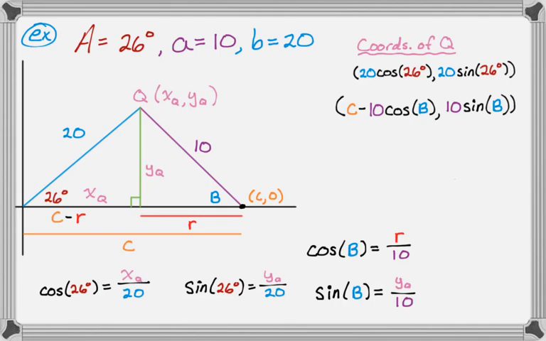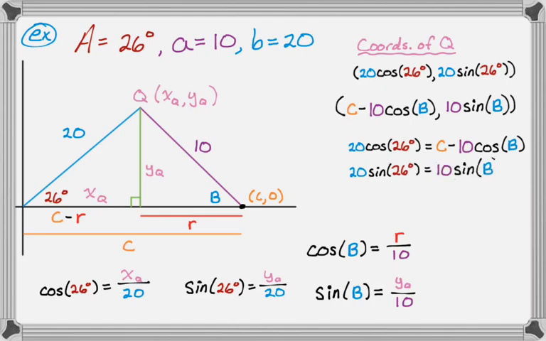And if we just set the x coordinate equal to the x coordinate, so 20 cosine 26 equals C minus 10 cosine of B, that's x-coordinate equals x-coordinate, and then y-coordinate equals y-coordinate. So 20 sine of 26 equals 10 sine of B. And then because it's a triangle, we want to restrict B to be somewhere between 0 and 180.